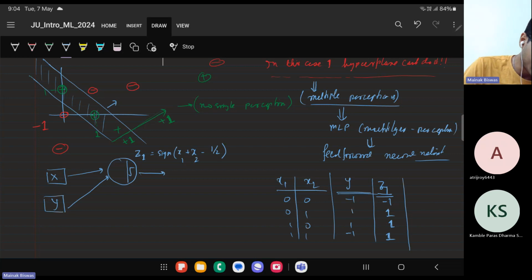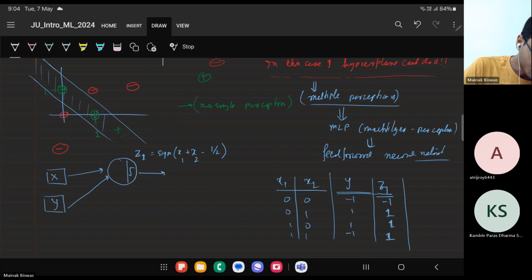So this hyperplane will say minus 1, plus 1, plus 1. Let me write a better notation, a color notation.